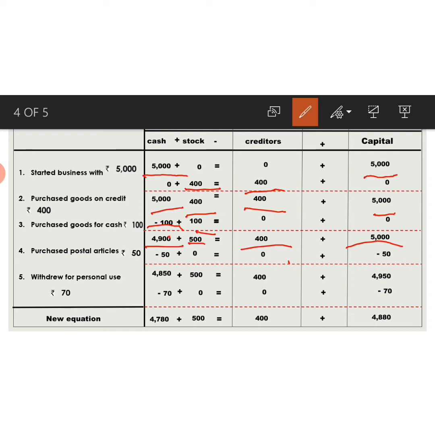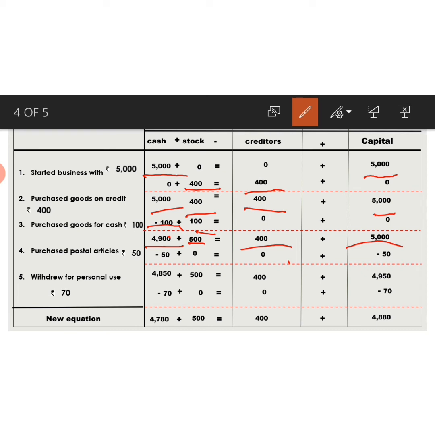And since you gave cash which came in the form of capital, the capital should be deducted by rupees 50, because you are paying cash from the capital to get postal articles. Since it is not goods, you can't do anything with the stock. Instead, you are doing it with cash and capital.